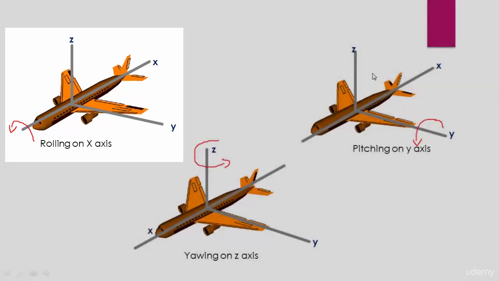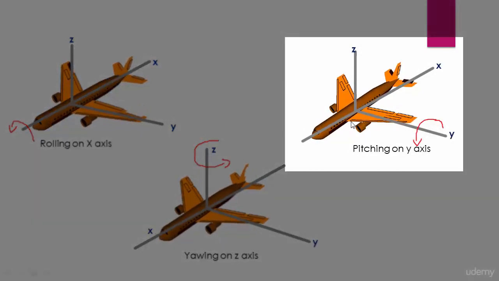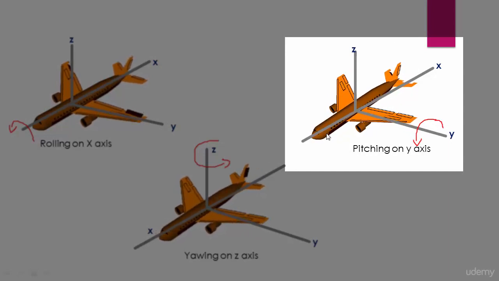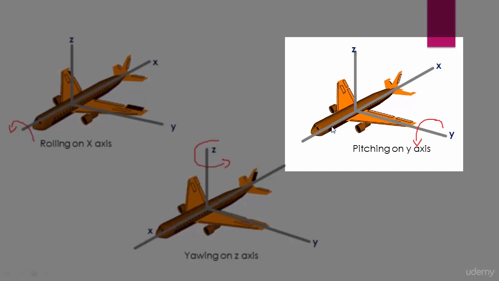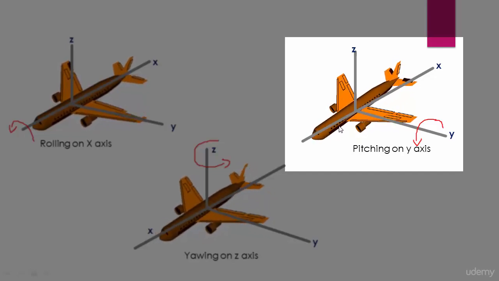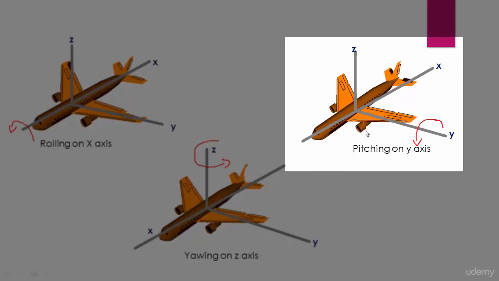Okay, and take a look at this picture here. Here the nose of the airplane is going up and down, right? So that means if the plane wants to go up, then it will vary its pitch angle upward, and if the plane wants to go down, then the nose of the airplane will go down. So by varying the pitch angle, the airplane can go up or down.